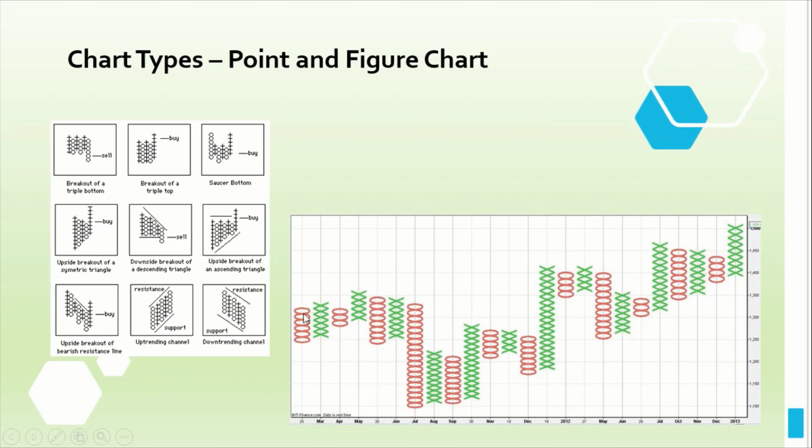So if it's O's, it means that the closing price is lower than the closing price of the previous day. So if it's a green, it means that the closing price of the day is higher than the closing price of the previous days. So, ibig sabihin, the color red signifies a lower price and the green color signifies an increase in the stock price.